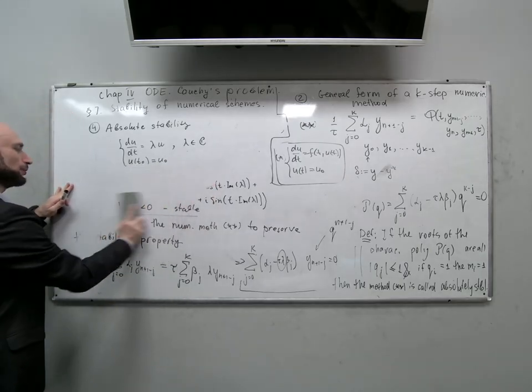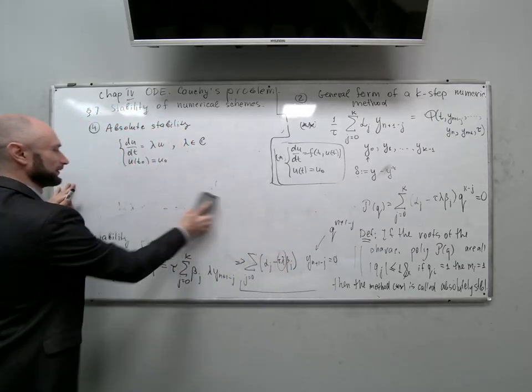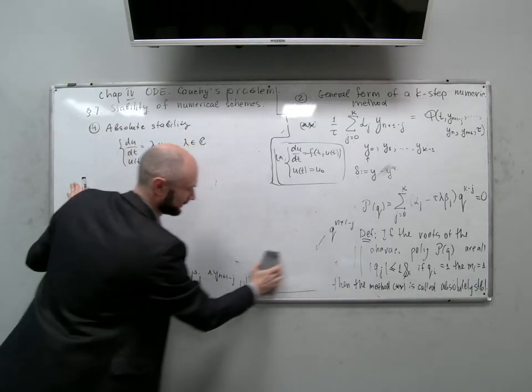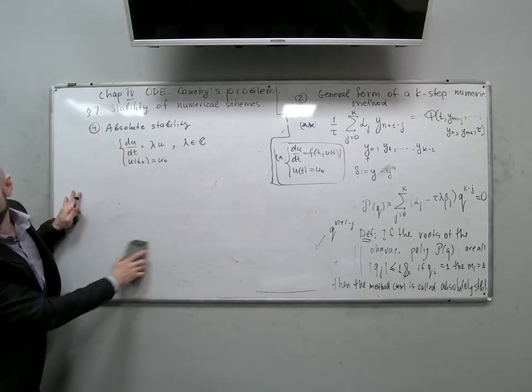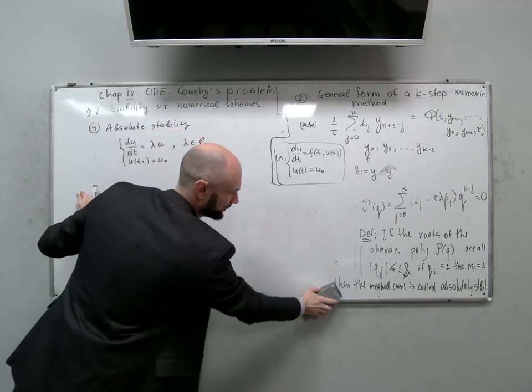Who wants to check? Do you want to check absolute stability of the explicit Euler?